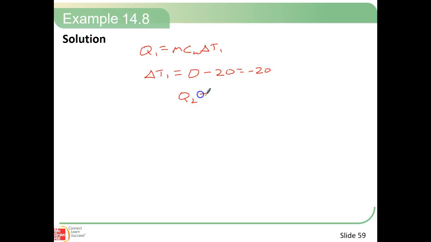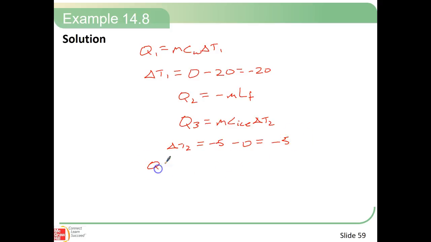My Q2 is negative m L_f. Remember, in order to make ice, we're removing heat, so this is negative. And then we want to remove even more heat, and so this is mc of ice times delta T2, where my change in the temperature of the ice is going to get to -5, and we start at 0, so that would be a 5 degrees Celsius drop.